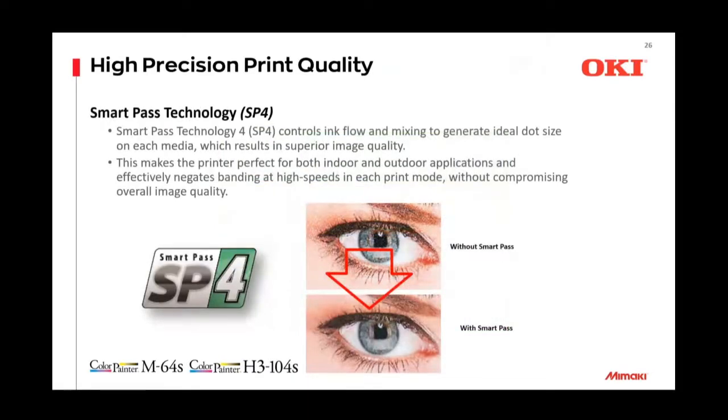All right, so Smart Pass technology, I think we'd all be familiar with MAPS. I mentioned before, the Marquee Advanced Pass system. This is OKI Seiko's their own Smart Pass technology. Now, what we're seeing here is the 4th generation of the technology.